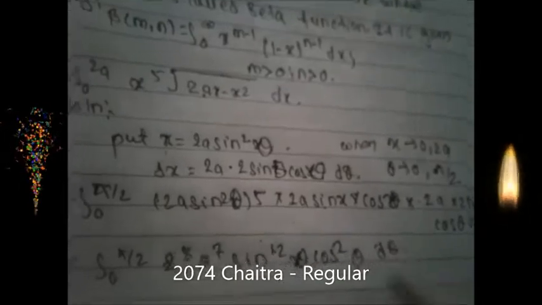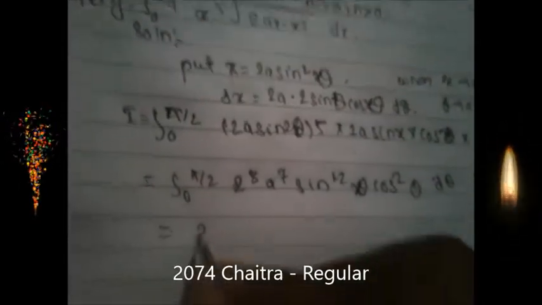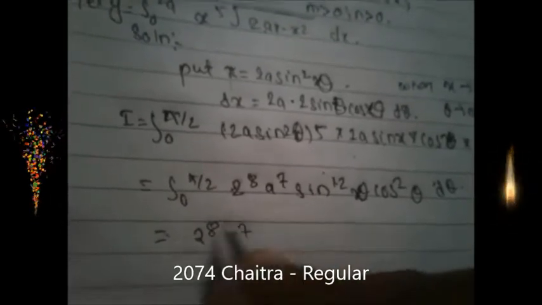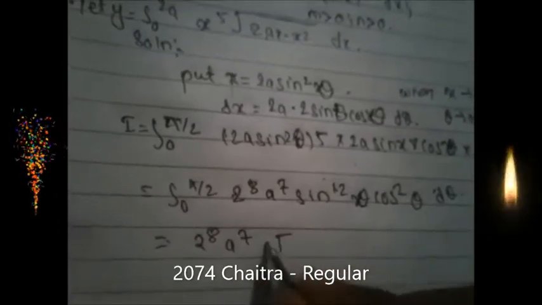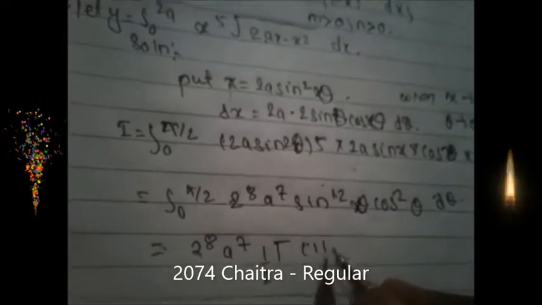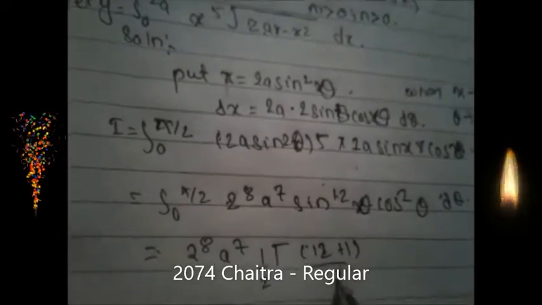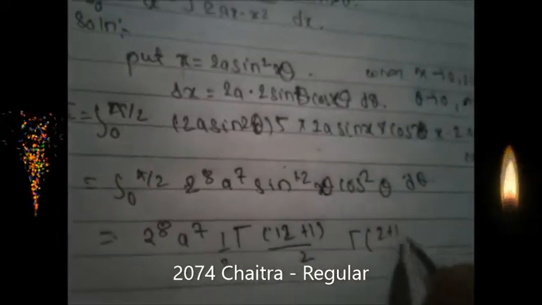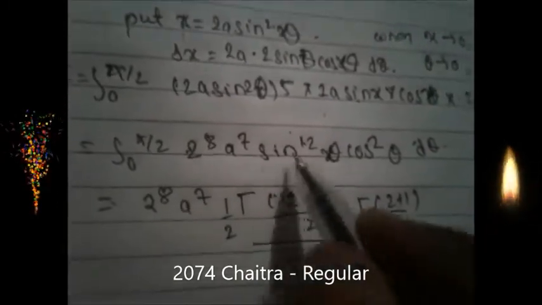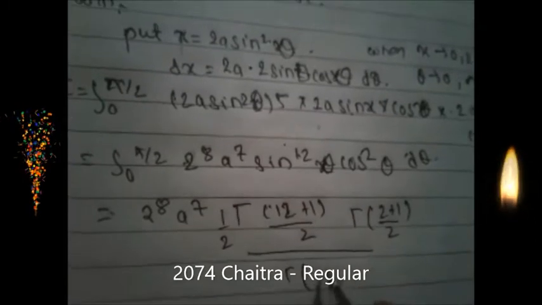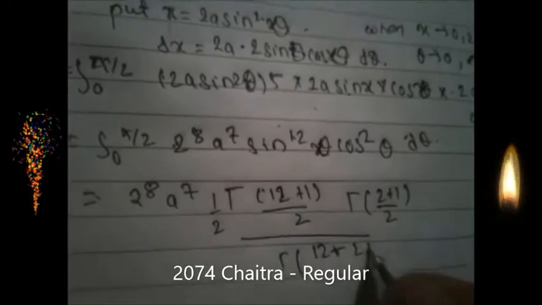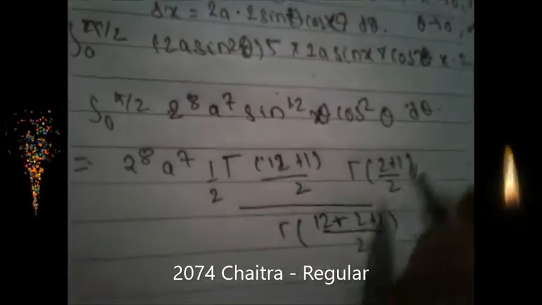Now 2 to the power of 8 and a raised to the power 7 come out. Now we use the beta formula with gamma of 12 plus 1 by 2 and gamma of 2 plus 1 by 2, upon 2 gamma of 12 plus 2 plus 2 by 2.